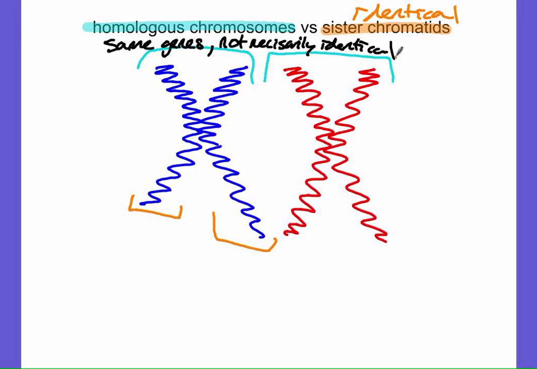It just depends. What did you get from mom or dad? So homologous chromosomes have the same genes, but they're not necessarily identical, whereas the sister chromatids, one side of a chromosome versus the other, those are identical. Those will be exactly the same, generally speaking. So that's just trying to clarify that, make sure that we understand it before we go, because that's a big point. That's something that you need to understand.